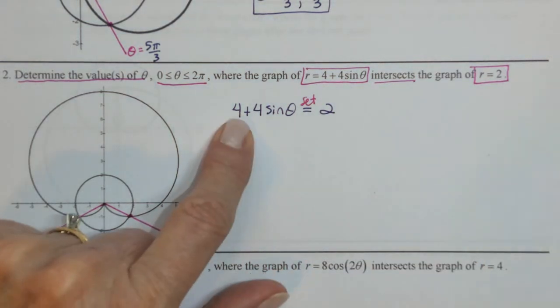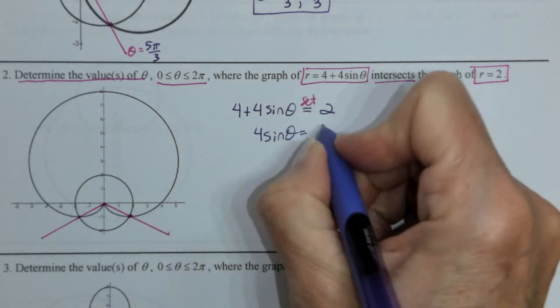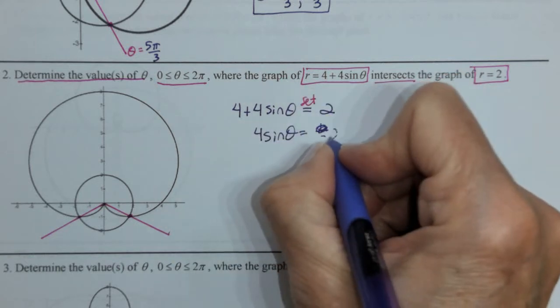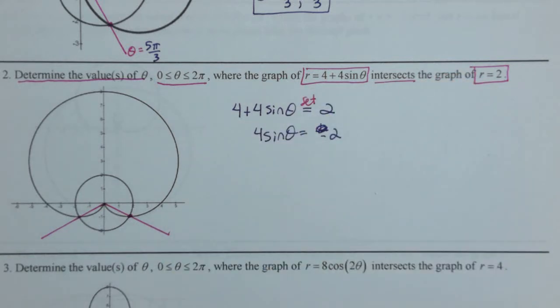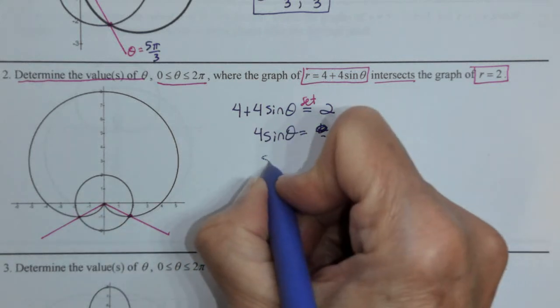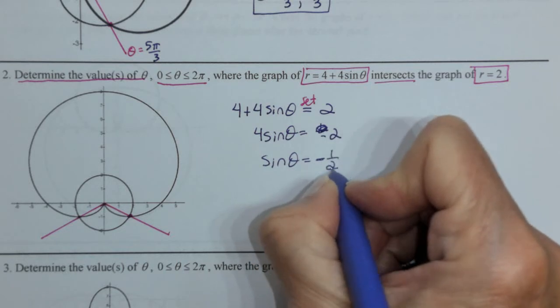So I'm going to subtract 4 on both sides. We're using what we learned back when we did solving trig equations. When I subtract 4 on both sides, I'm going to get a -2. Okay. Now I'm going to divide both sides by 4, and I get sine of theta is -1/2.